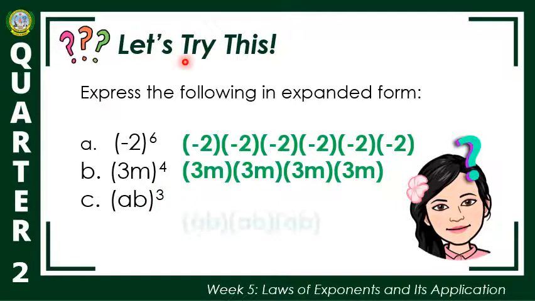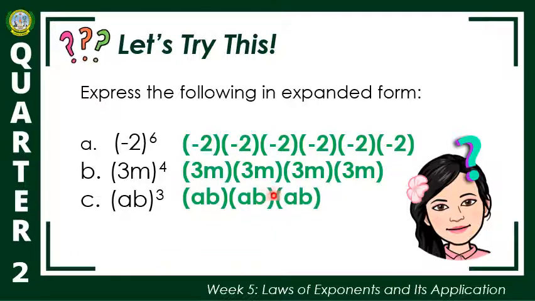So, that is AB times AB times AB. Okay? So, lagi lang po nating i-consider po ay yung base natin. I-multiply po siya sa sarili niya, depende dun sa bilang po na nakalagay sa exponent. Okay? So, I hope naintindihan po ang ating exponential form at ang expanded form.